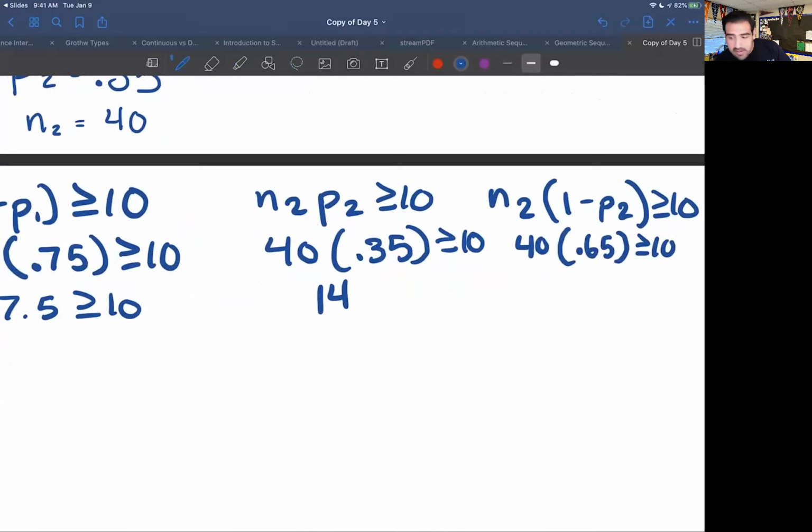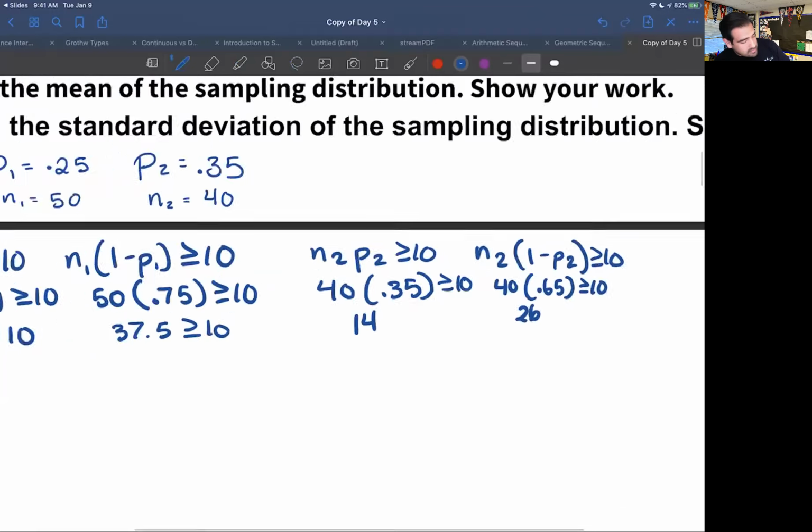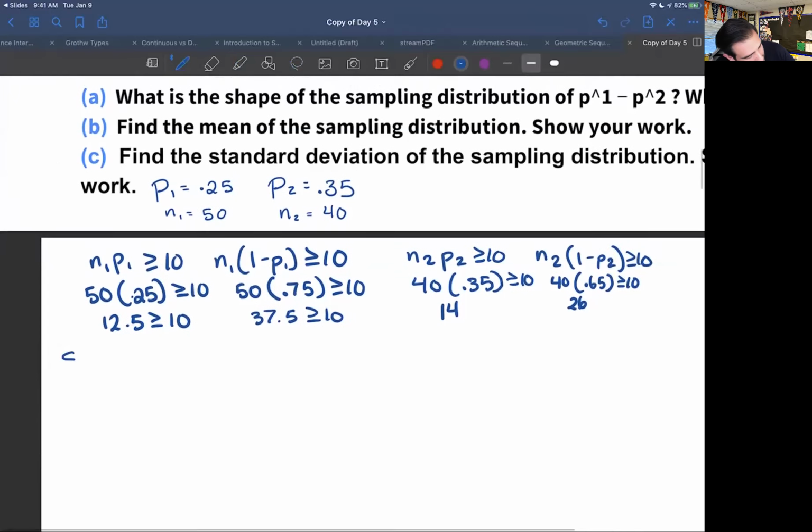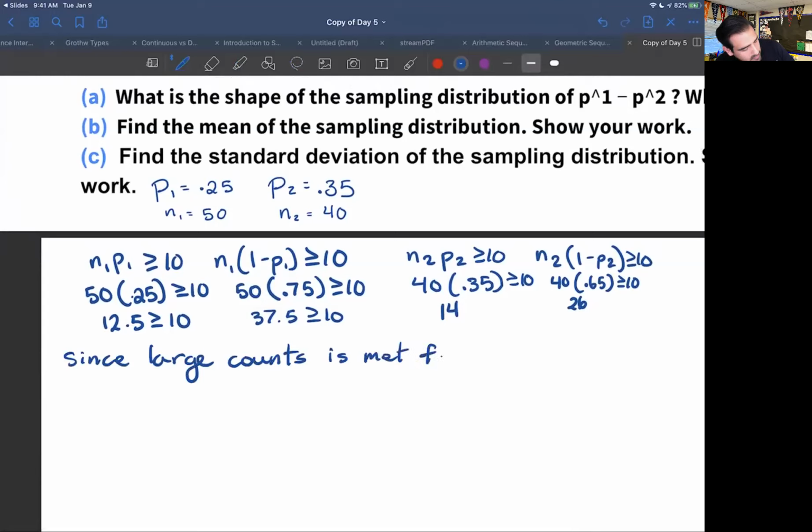Is that greater than or equal to 10? That's going to give us 26. So, since large counts is met for p1 and p2, then p hat 1 minus p hat 2 is approximately normal.